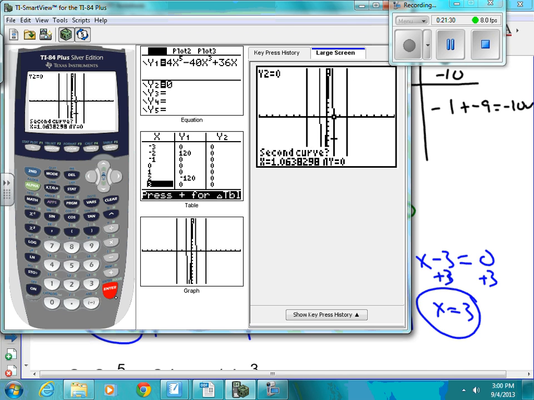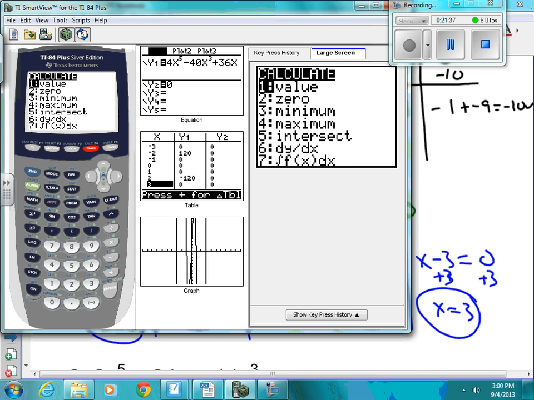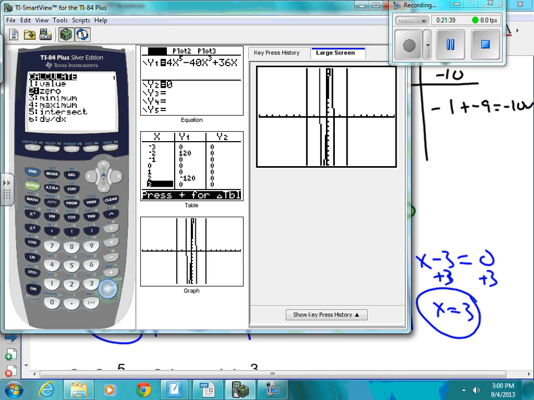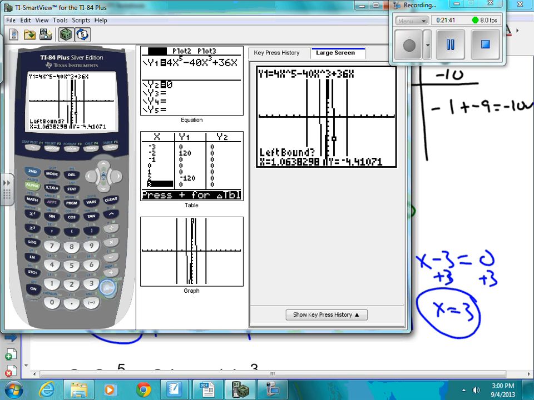And all you have to do is hit enter 3 times and it gives us a 0. And if you want a different 0, hit enter and then arrow over until we get close to another point.